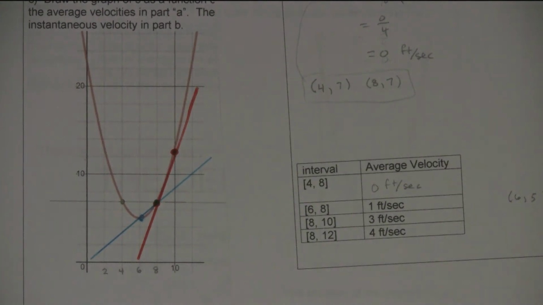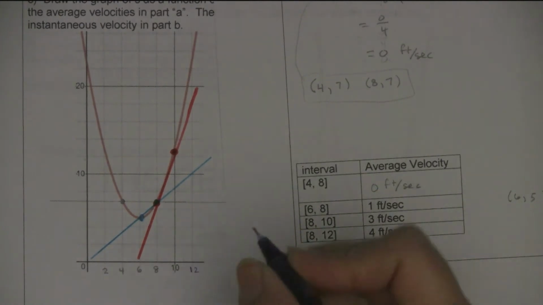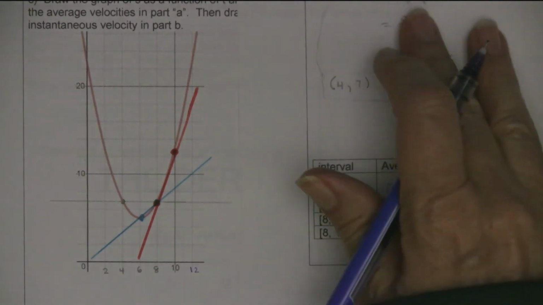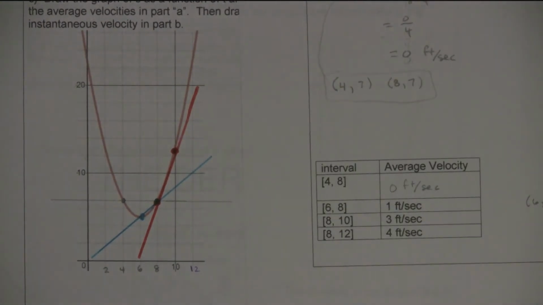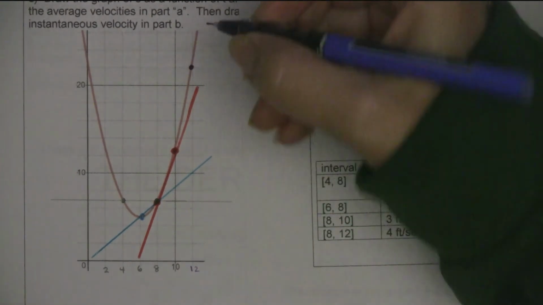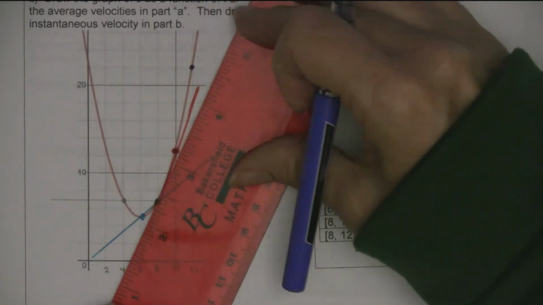And if I could find another color, maybe purple. I have purple. 8 and 12. So 12 is here. I thought it was going to get off my grid, but it didn't.